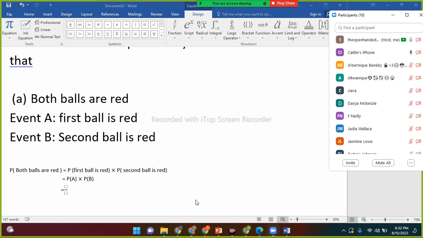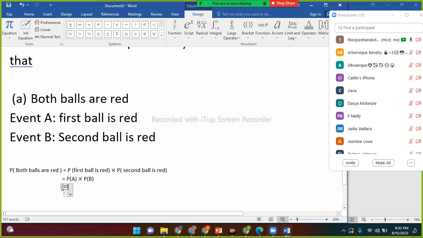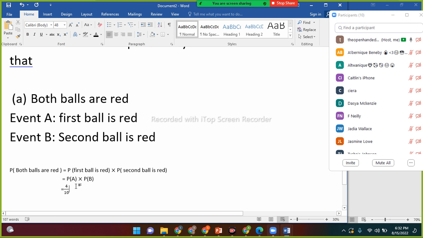There are 4 red balls, and in total, there are 10 balls. Very good. Where's Sienna? Her phone went dead. Oh, okay. So 4/10. Good. That's the probability that the first ball is red.